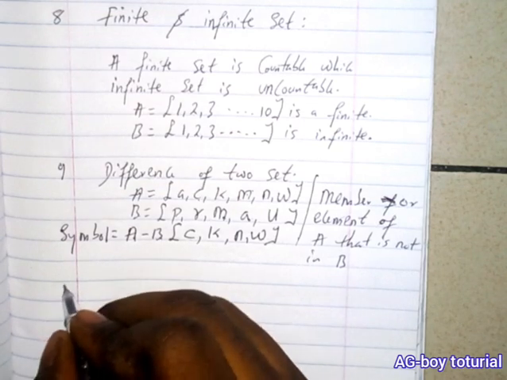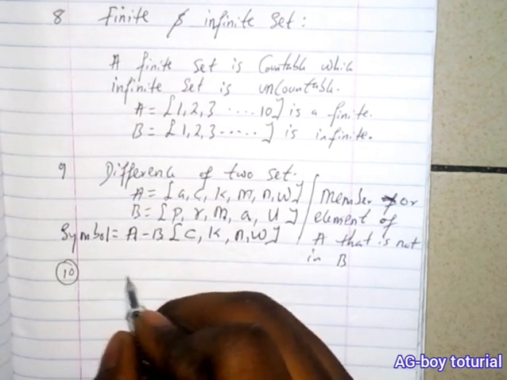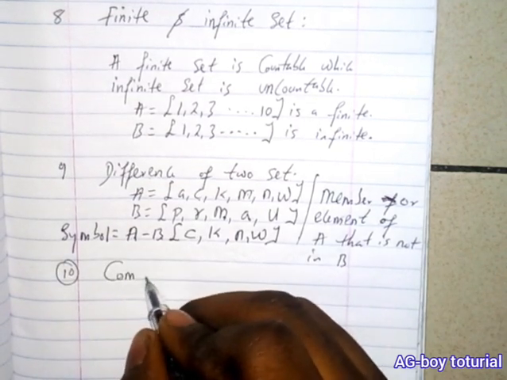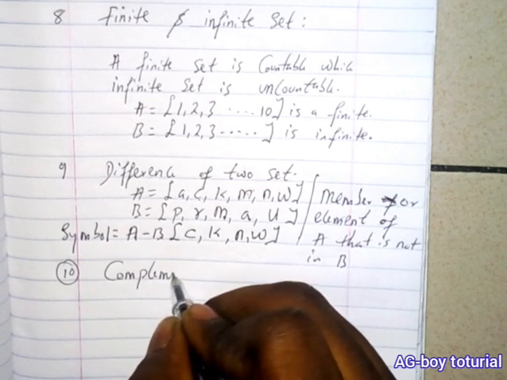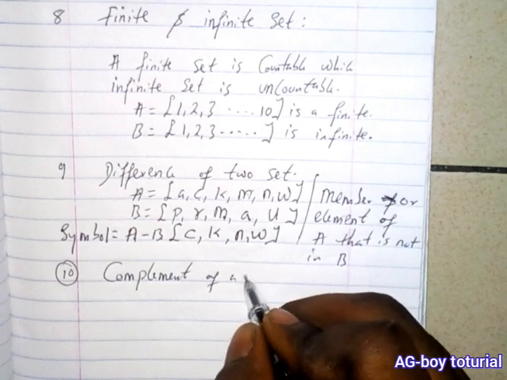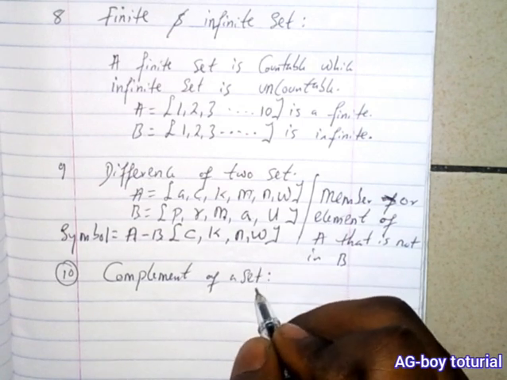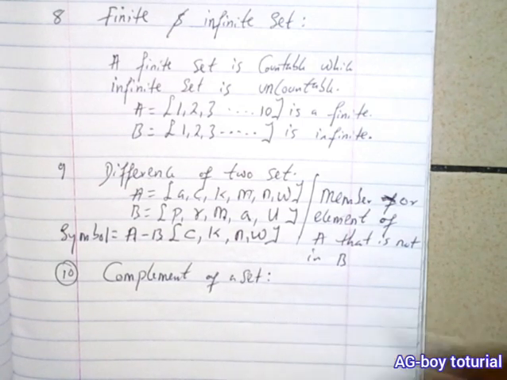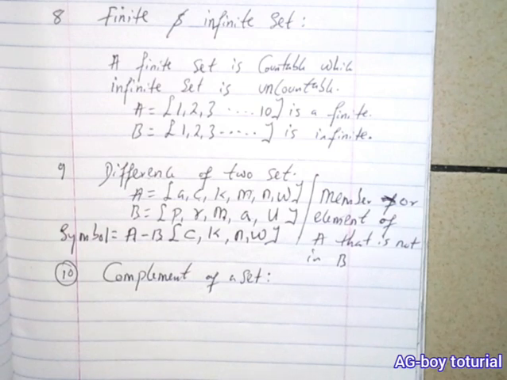Next one is number 10, complement of a set. This is usually done between the universal and the subset. Normally done between the universal and the subset.